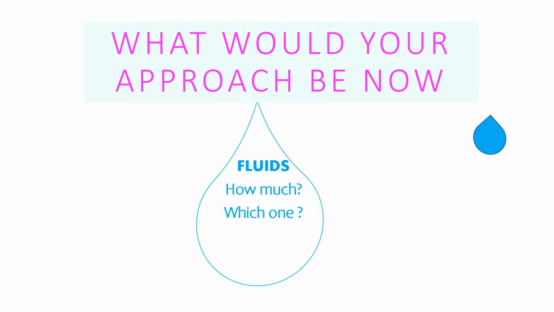So what would be your approach now? Fluids, obviously, except in cardiogenic shock, and in certain cases of cardiogenic shock, even those cases you may sometimes be helped with fluids, but we will not discuss that. So you want to give fluids, how much and which one?